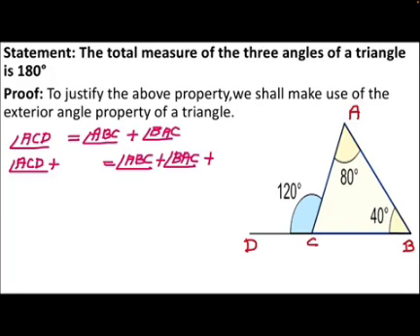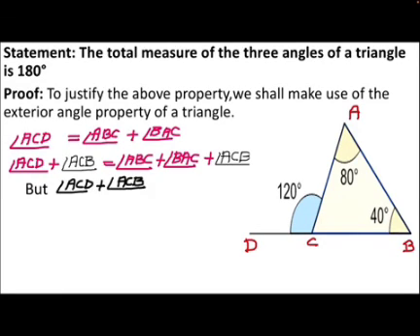Now, on both the sides, we can add this angle, that is angle ACB, is it not, both sides? I am adding angle ACB. Then this angle plus this angle is same as this plus this plus this. I hope you agree.